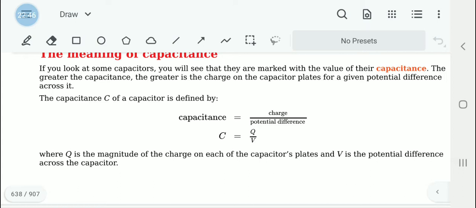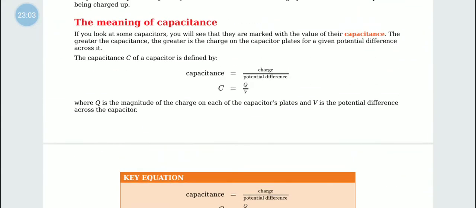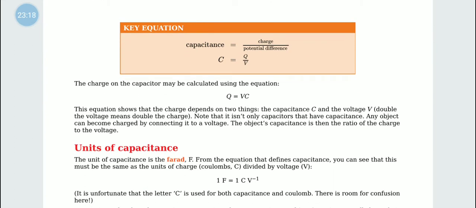Then write down capacitance equals charge over potential difference, C equals Q upon V. You can write it down, V is the potential difference across the capacitor, Q is the magnitude of the charge on each of the capacitor's plates. So capacitance equals charge over potential difference.